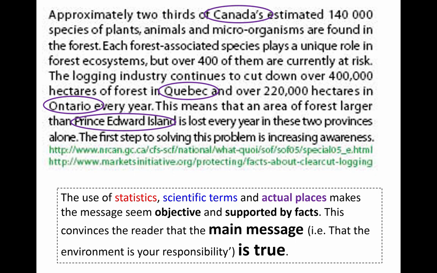So all this combines to make the message more objective and seem like it's supported by facts. So what this does is it convinces the viewer, the reader, that the main message is true, right? In other words, we believe that it is our responsibility to take care of the environment, and therefore we need to act on it.